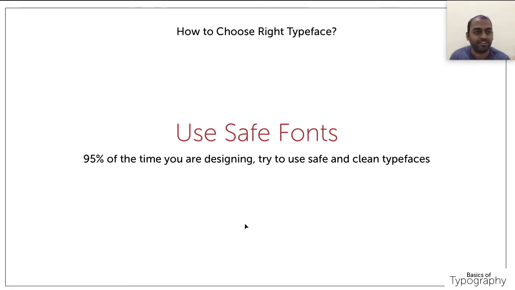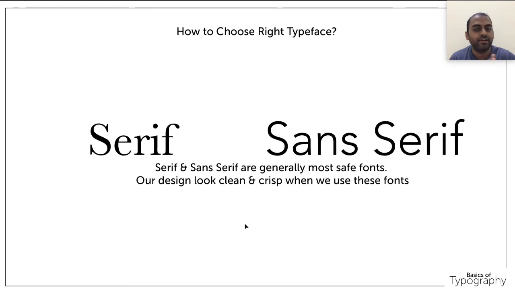Serif and sans serif fonts are safe fonts, and 95% of designs, whether web design, poster, social media post, newspaper ad, Facebook ad, or outdoor advertising like banners and hoardings, use mostly serif and sans serif fonts. It is very rare, only about 5% of designs, that go for a decorative, script or handwritten font. So to choose the right typeface, simply use safe fonts: serif and sans serif.